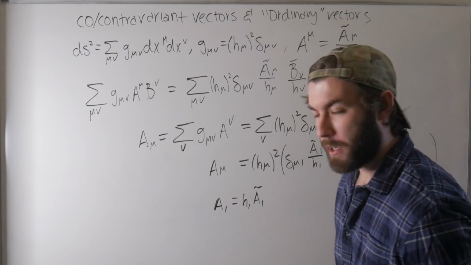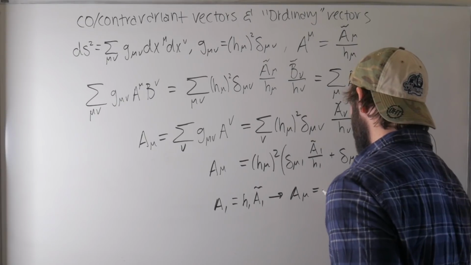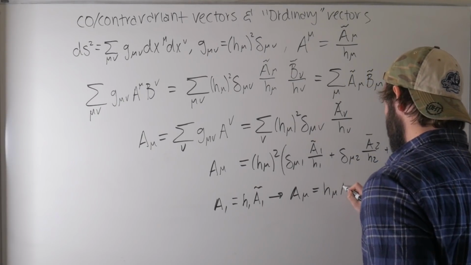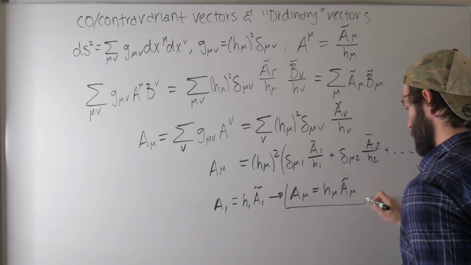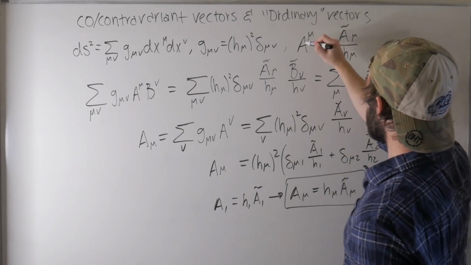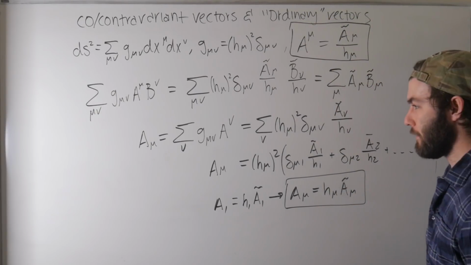Okay, so component by component, we can identify that A mu is equal to h mu A tilde mu, where we're not summing over this index. So there we have our relationship between our covariant and our contravariant vector components and the ordinary vectors.